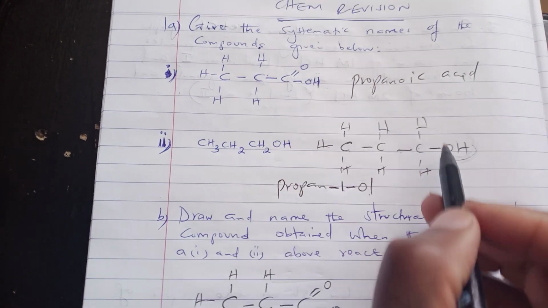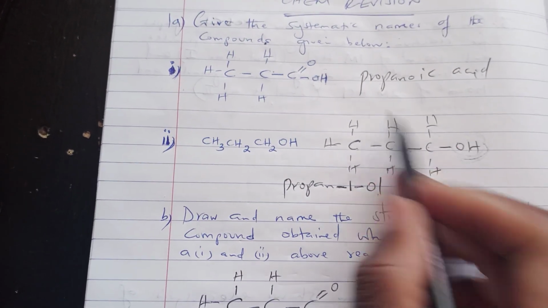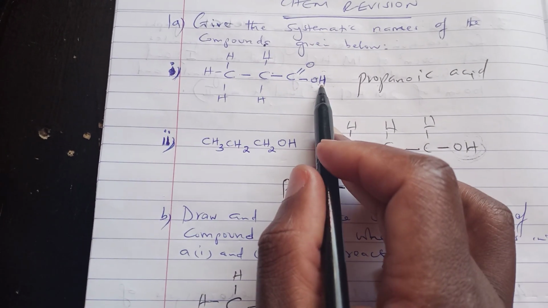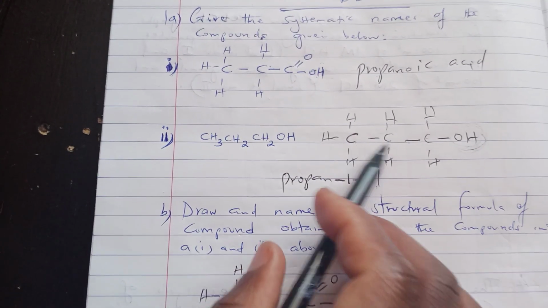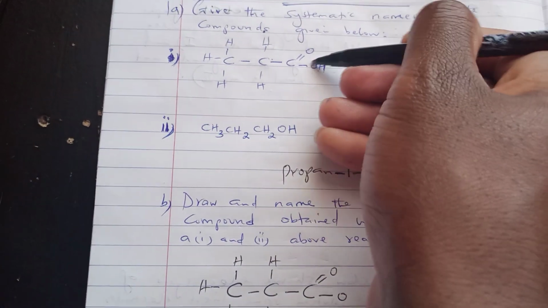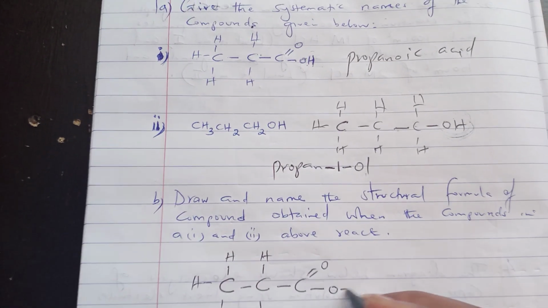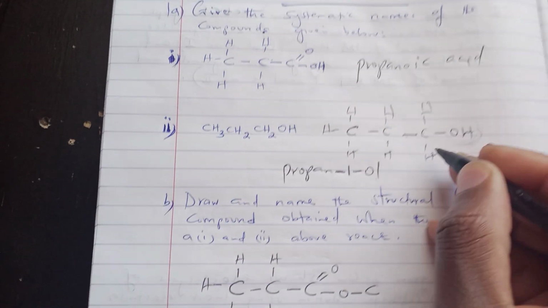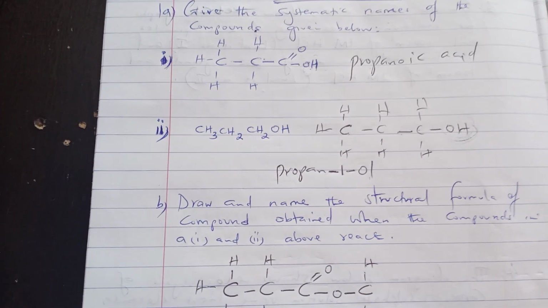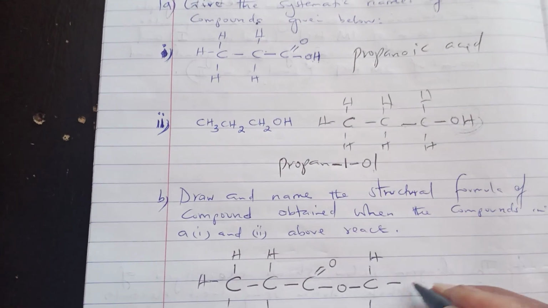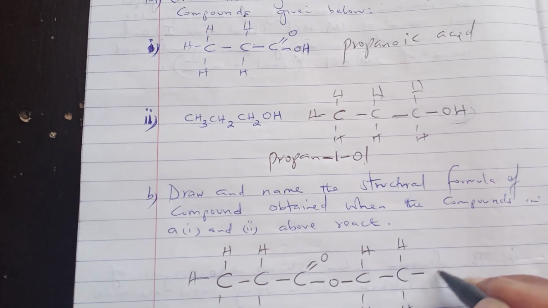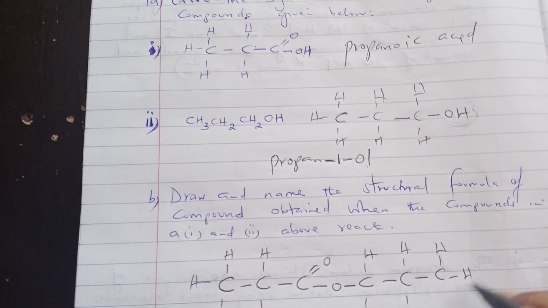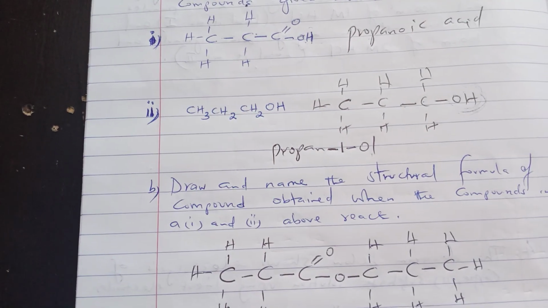So this one and this one will give us water. So when I remove this one, the place that was occupied by hydrogen will now be occupied by this alkyl group. So I turn it so that this one can come and bond here. So I have H, followed by C with an H, and then the last one is H, like that. So that's the structure.